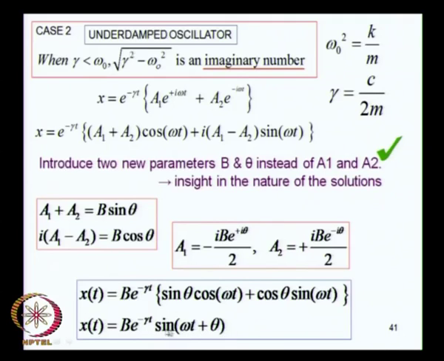So, now this is a general solution in which there are two parameters b and theta, whereas in the earlier form the two parameters were a1 and a2.